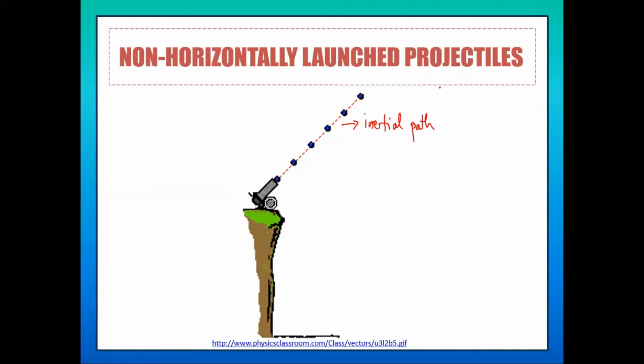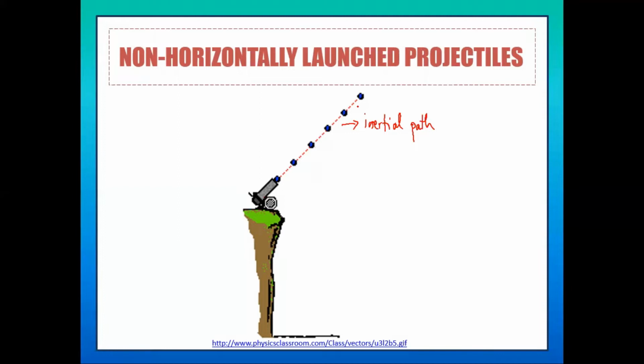This shows again the concept of the law of inertia. It says there that an object in motion would continue in motion at a constant speed in the same direction if there is no unbalanced force.